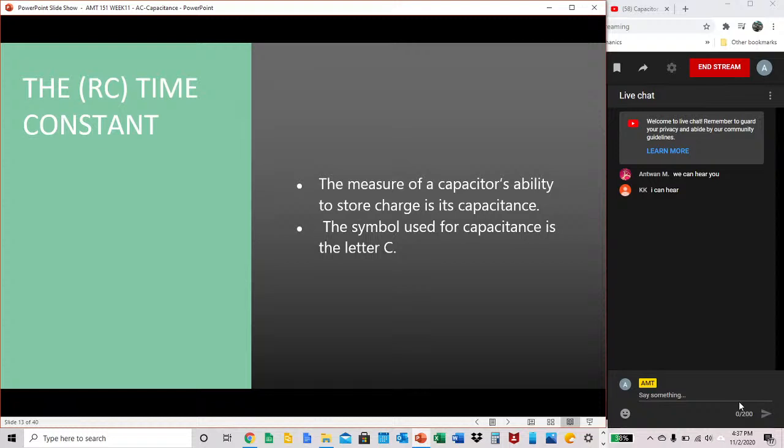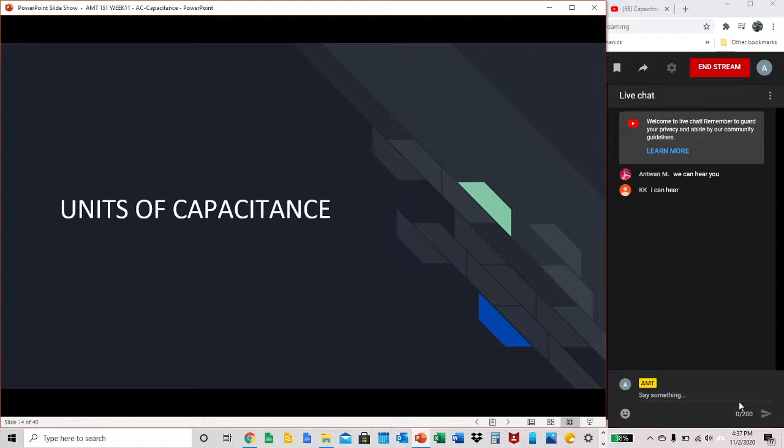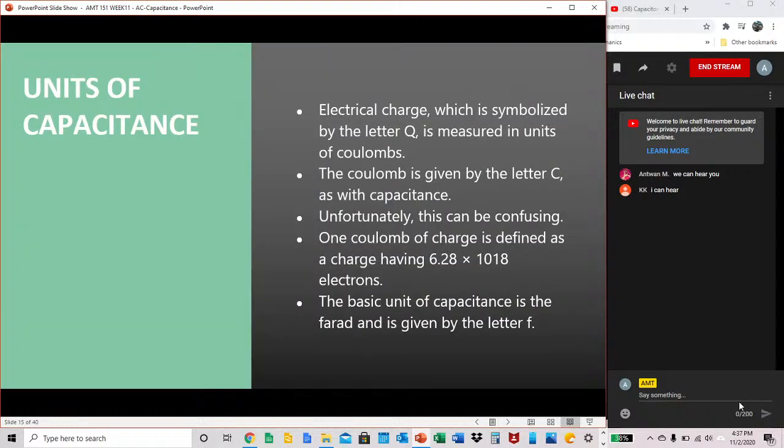Remember, our measurement of coulombs is also represented by the capital letter C. Electrical charge, which is symbolized by the letter Q, is measured in units of coulombs. The coulomb is given by the capital letter C, as with capacitance, like I mentioned. Unfortunately, this can be confusing, so remember that.